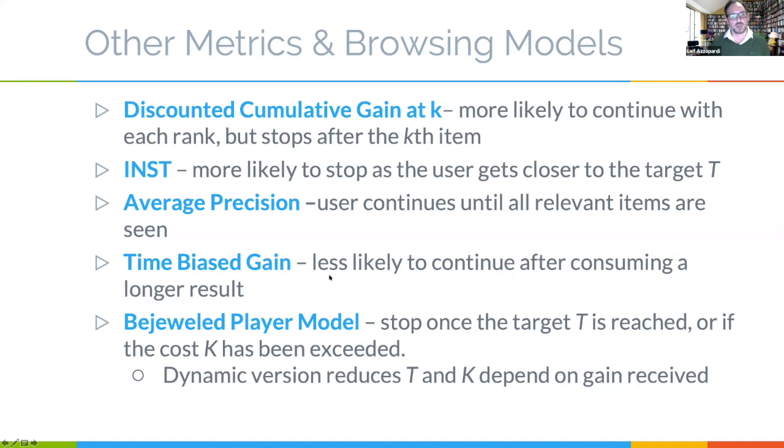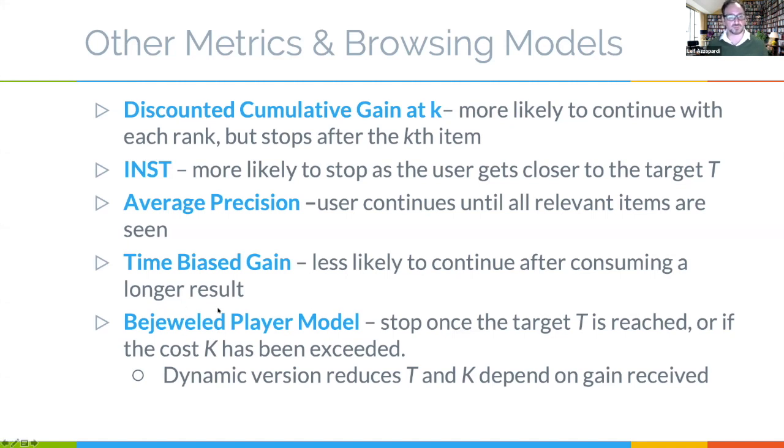And what they said is that basically, when you read an item, the longer the item is, the less likely you are to go on to the next item, because longer documents take longer to consume.